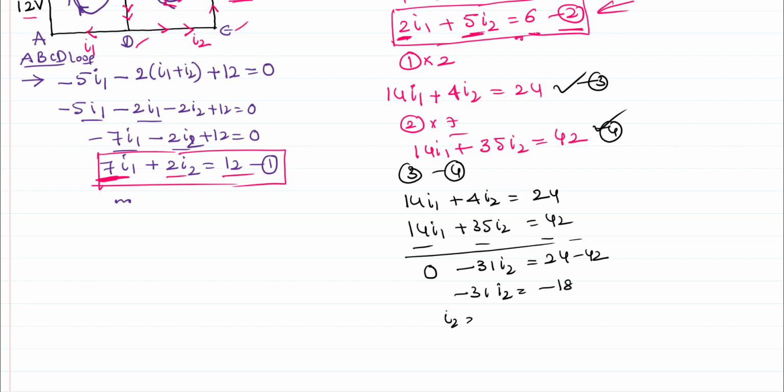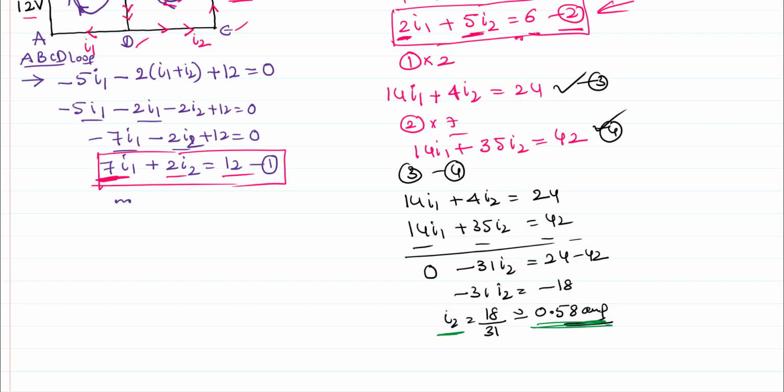So I2 equals 18 by 31, the minus signs cancel, and that value is approximately 0.58. There is something like 0.5806 and so on, but for the calculation's sake, let us consider it as only 0.58. Now I got the value of I2.